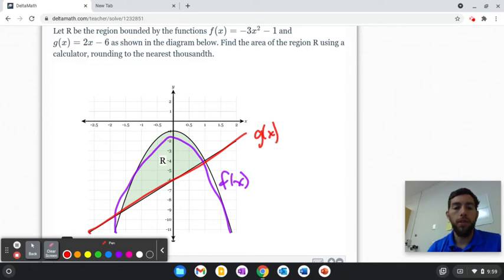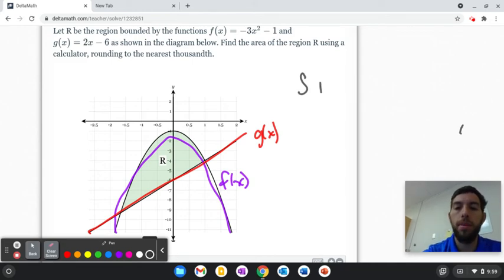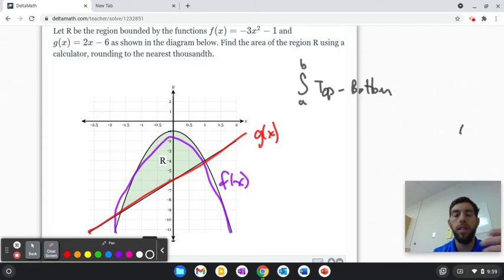If you remember, when we find the area between two curves, we do the integral of the top minus the bottom, with an a and a b, which are the limits, and those are the intersection points. So this would be our a, and this would be our b. That's our basic setup.